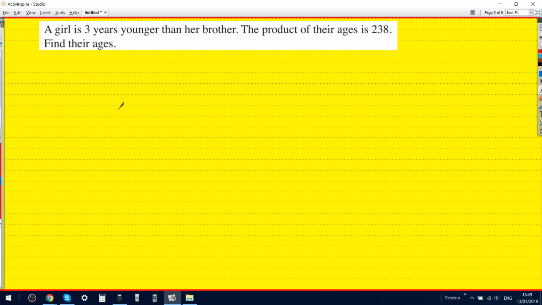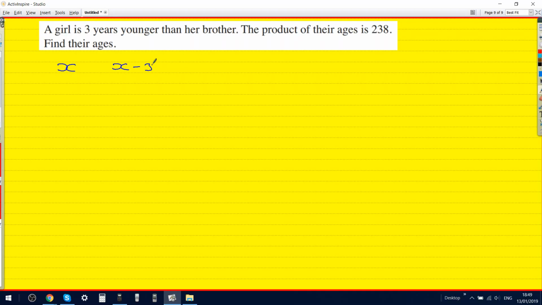So the product is when you multiply both their ages. So what could you call the brother's age? You could call her brother's age x. What could you call her age? x minus 3.